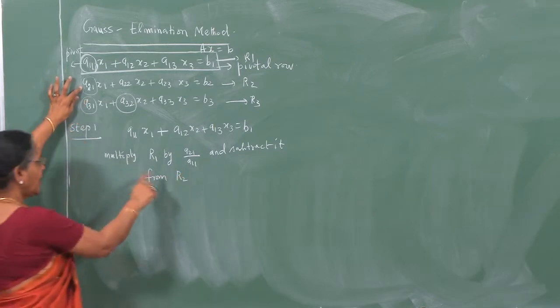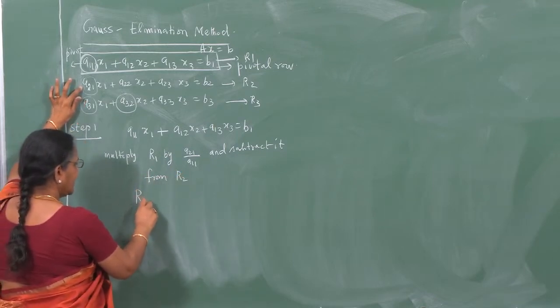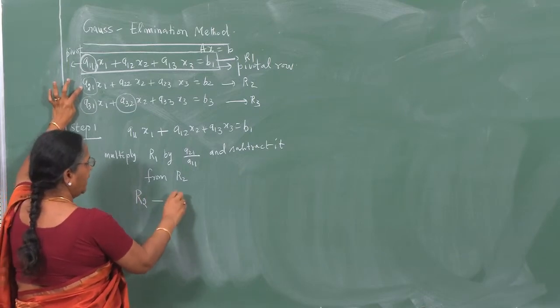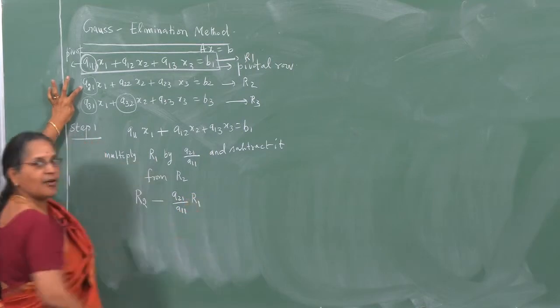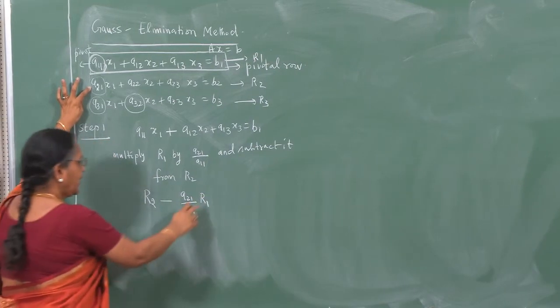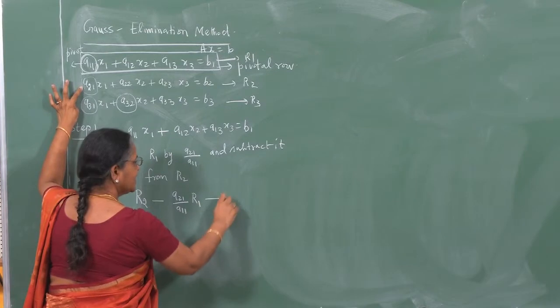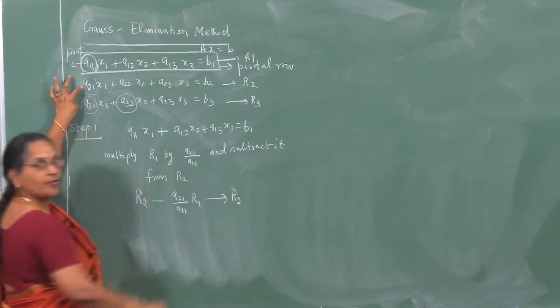So, my new R2 is the old R2 minus A21 by A11 times R1. So, my new R2 replaces the old R2.